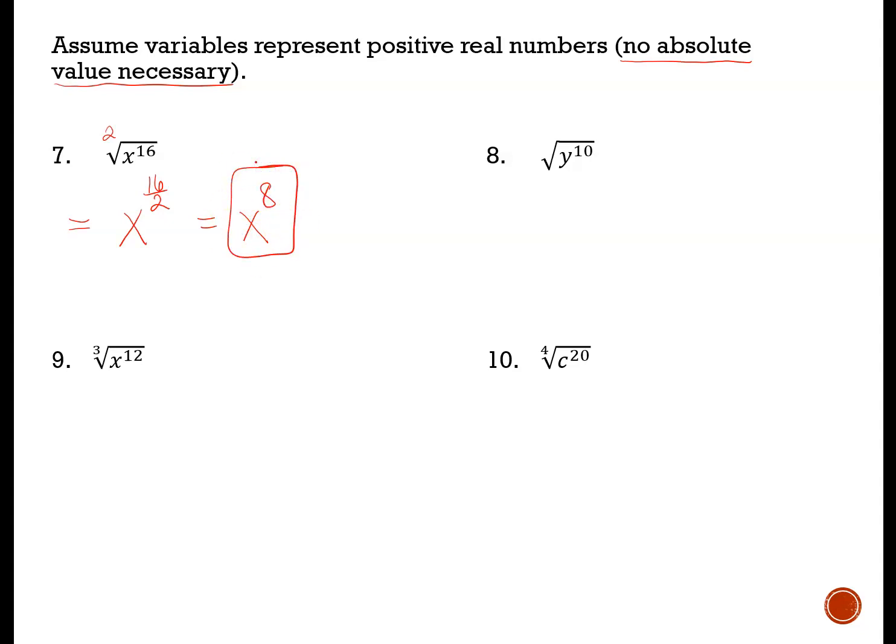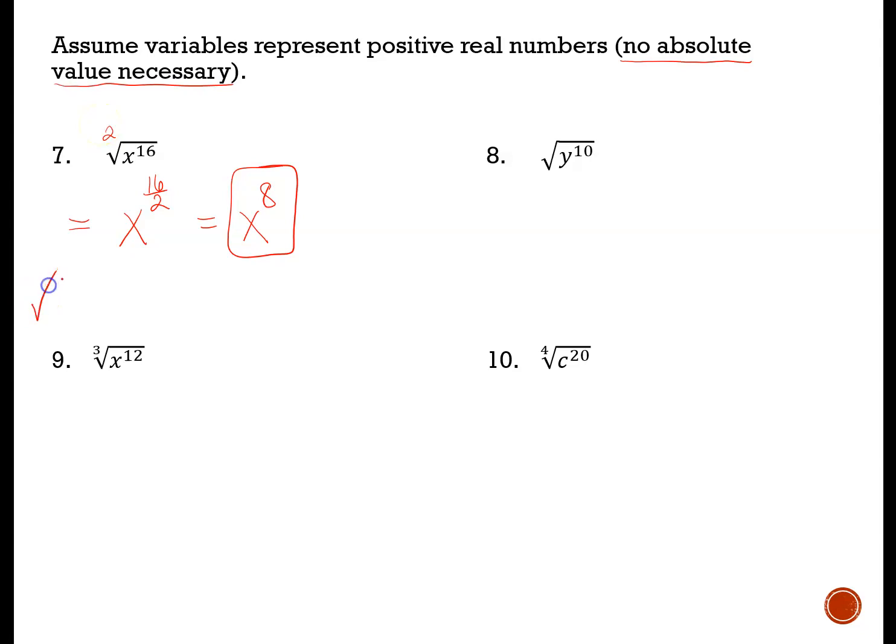Now I put this one specifically on here because a lot of times when students see this problem, they want to square root the 16 and answer x to the 4th. But it doesn't work that way with exponents. It's just divide the exponent by the index.